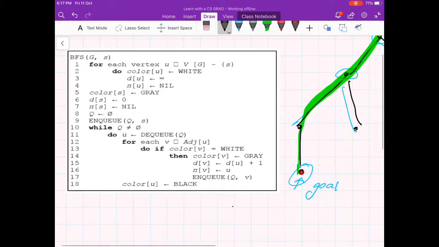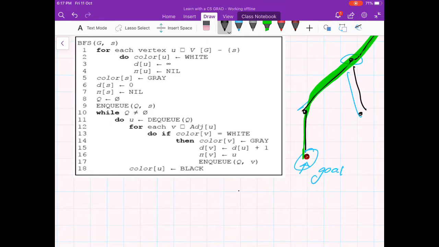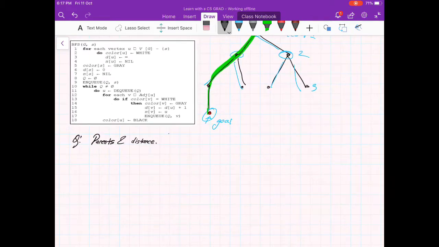We'll be looking into the algorithm to see how the whole procedure works. The question here would be to find the parents of these nodes and the distance from the parent.